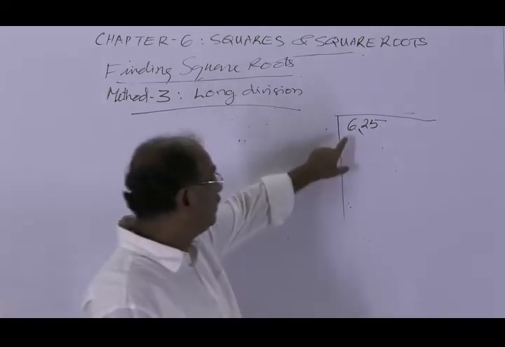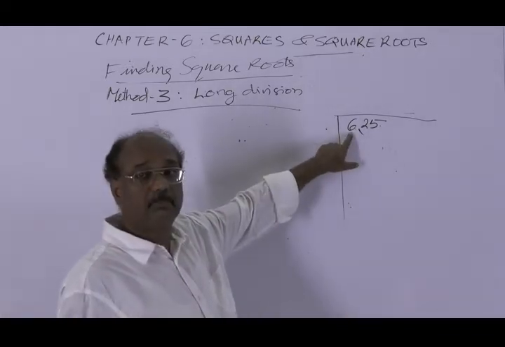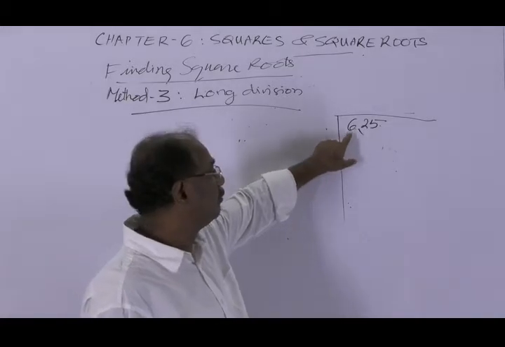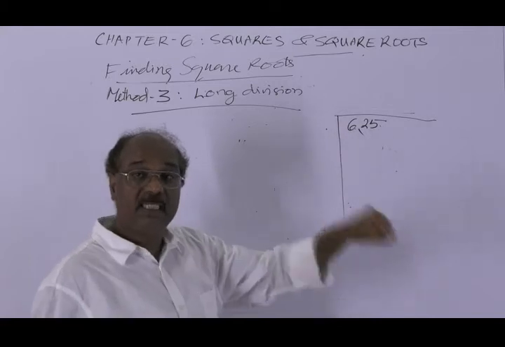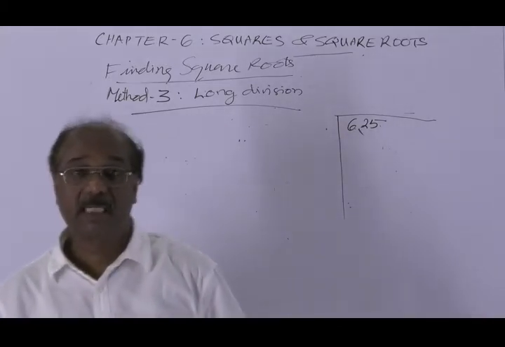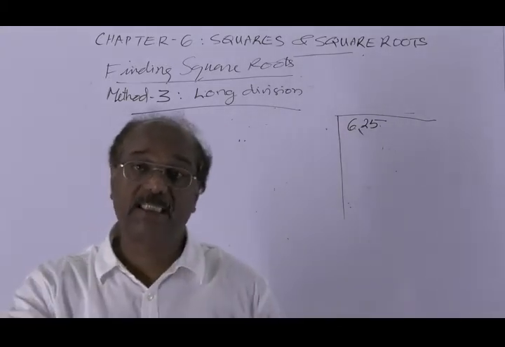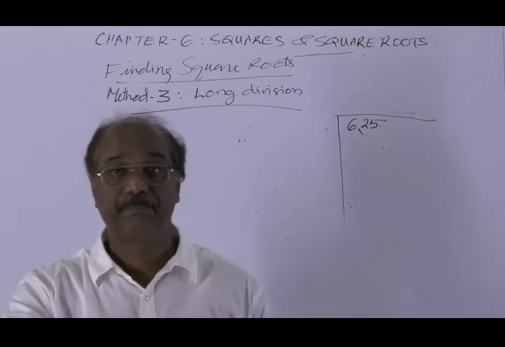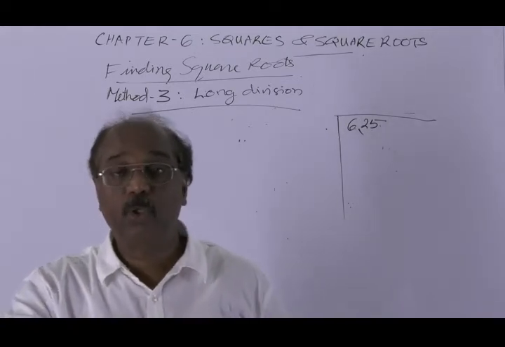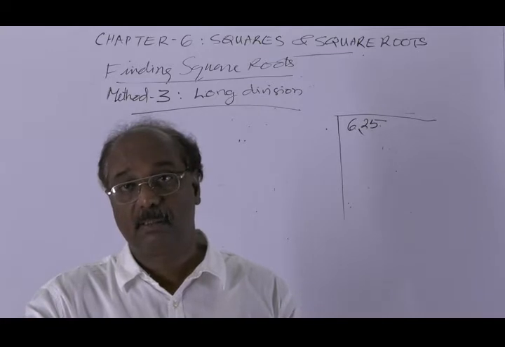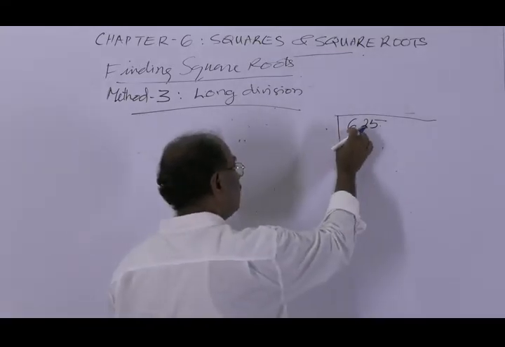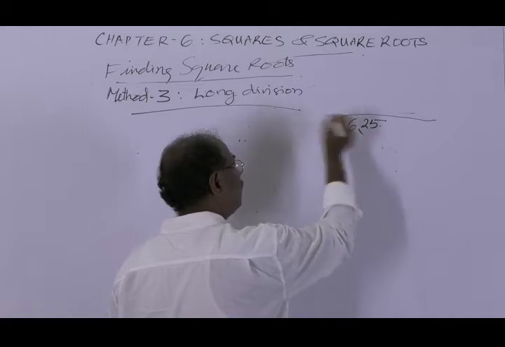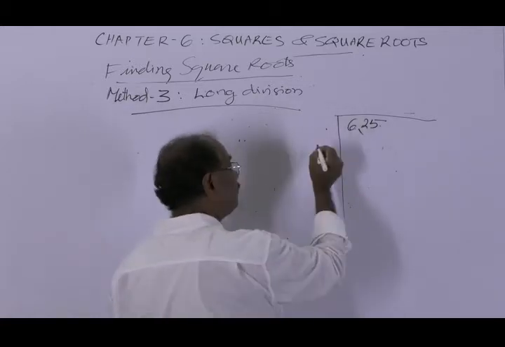Now consider the first group, starting from the left, which is 06 or 6. Find the highest square number less than or equal to 6. The highest square number less than or equal to 6 is 4, which is the square of 2.